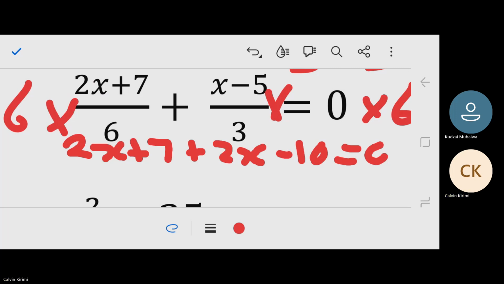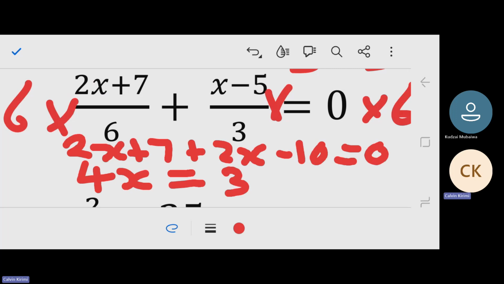Then 2x plus 2x, you get what? 4x. 4x is equal to 10 minus 7, which is 3. Is that what you got?